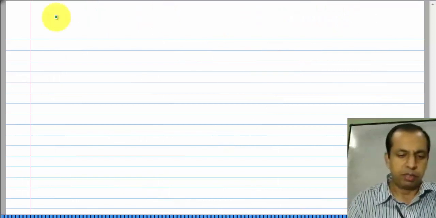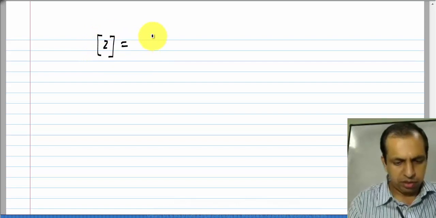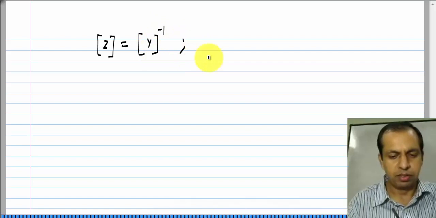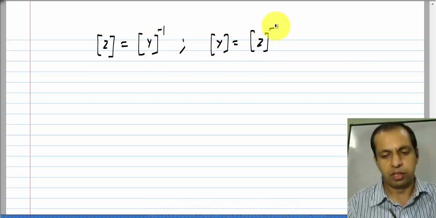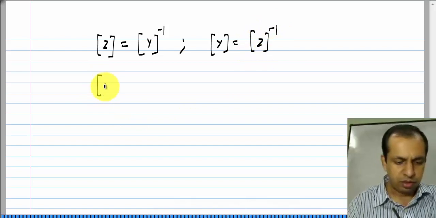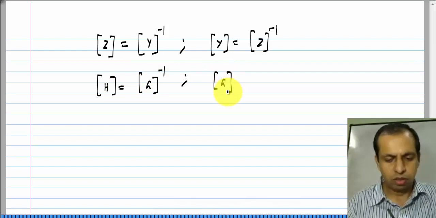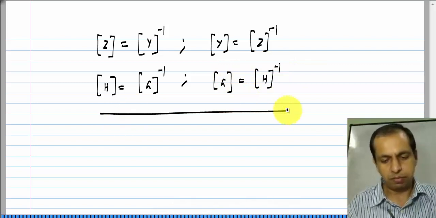Now, the other relationship between the entire sets you already know. The Z parameter is basically the inverse of the y parameter, or y is the inverse of Z matrix. Similarly, H is the inverse of G matrix, or G is the inverse of H matrix.